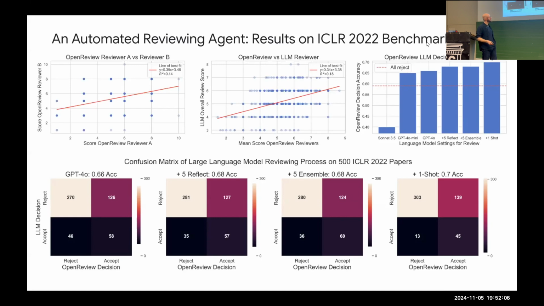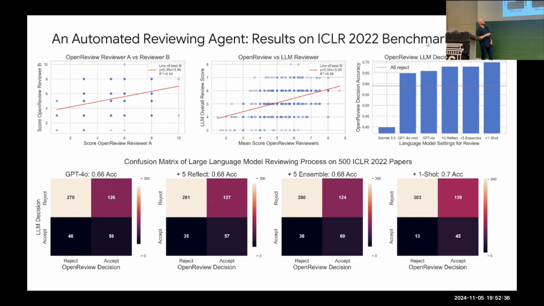And something else that we did is we looked at the correlation between human scores. So basically one reviewer is scoring the paper and another reviewer is scoring the paper, as well as the LLM scoring the paper and the average of the human reviewers. This is shown in these two panels over here. And what you can see is that for two randomly sampled reviewers for a paper, there's a correlation between their scores of 0.14.